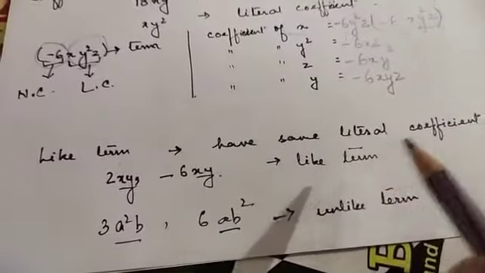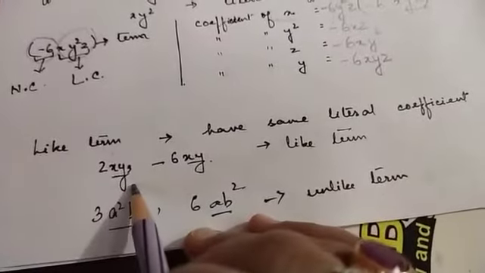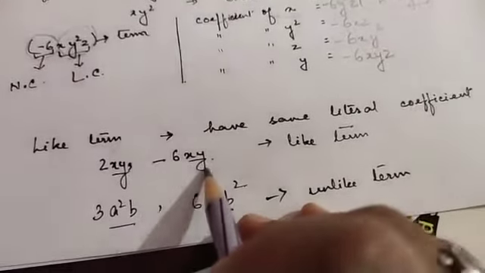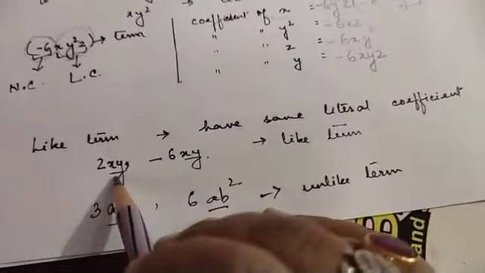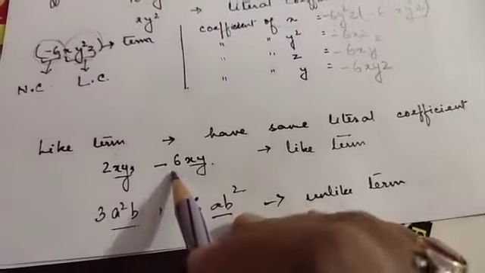When terms have the same literal coefficient, like 2xy and minus 6xy. The literal coefficient over here is xy and the literal coefficient over here is xy. Both are same, so these are like terms. When the literal coefficients are same, then they are like terms.